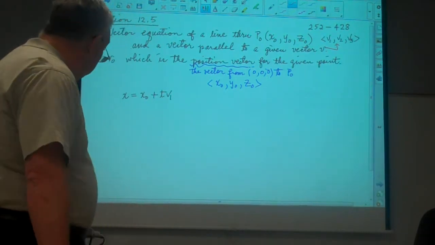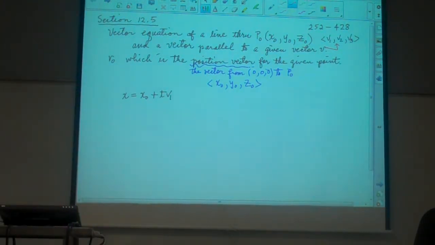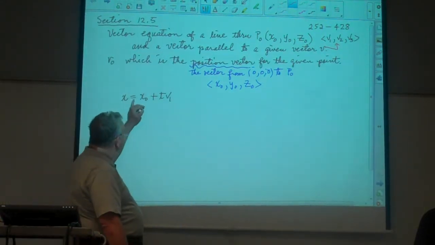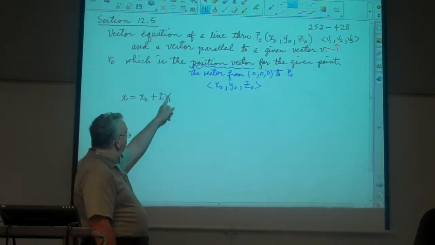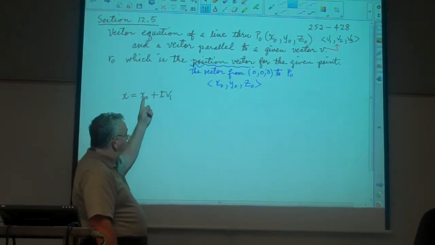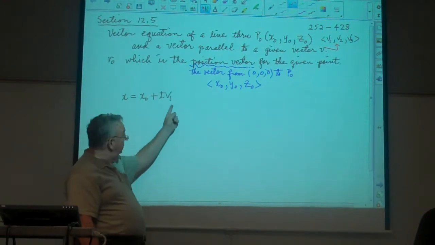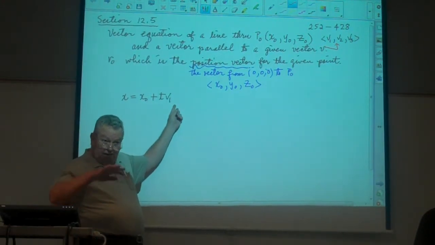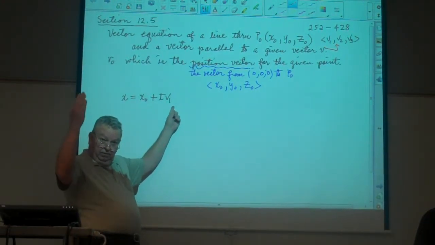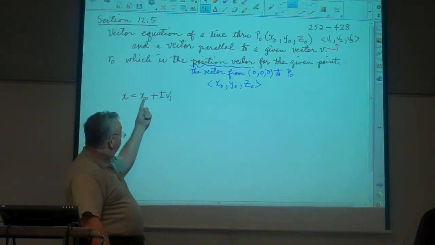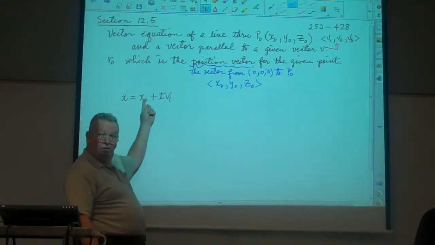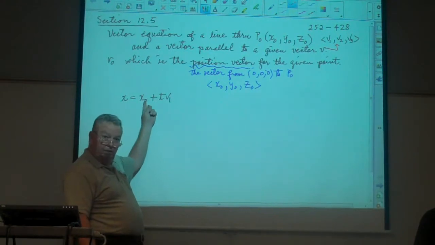How about y equals mx plus b? Didn't I say that the vector v is what gives us the tilt of it? And this comes directly from the point that we know.